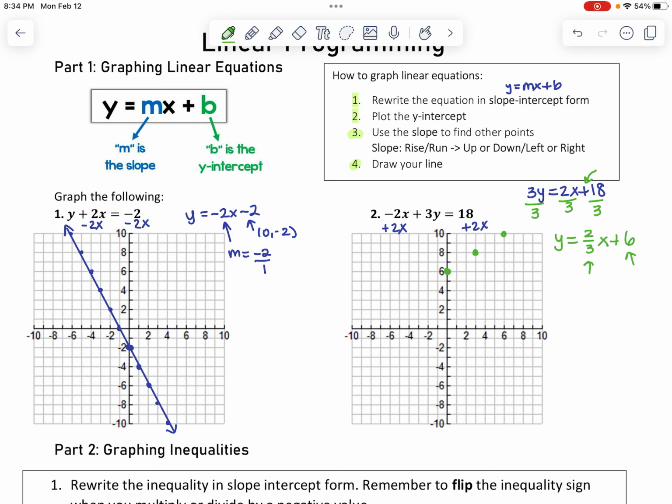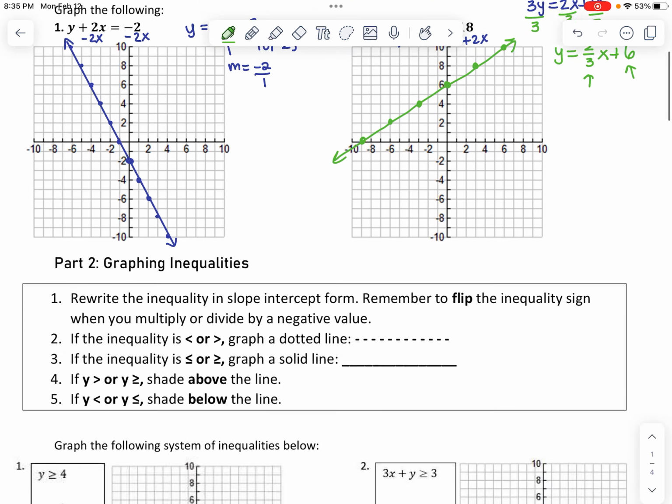Now we can also put some points in the opposite direction by doing that double negative, down and left. So we can go down 2, left 3, there's our point. Down 2, left 1, 2, 3, there's our point. Down 2, left 3, and there we go. We have a nice linear function.